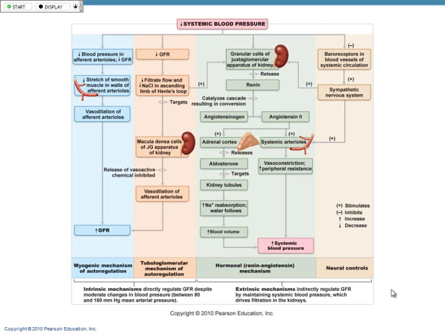Who's going to follow sodium? Water. And that's going to result in an increase of blood volume due to an increased amount of liquids going back into the circulatory system. And that's going to result in, what's the pink box at the bottom? An increase in systemic blood pressure. Did that hopefully help? Yeah? Okay.